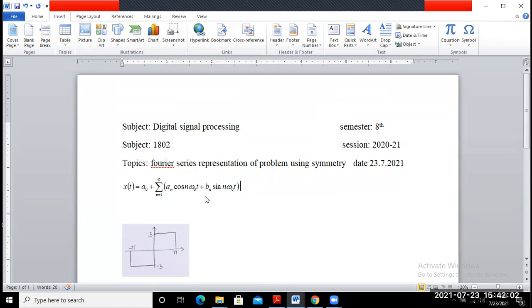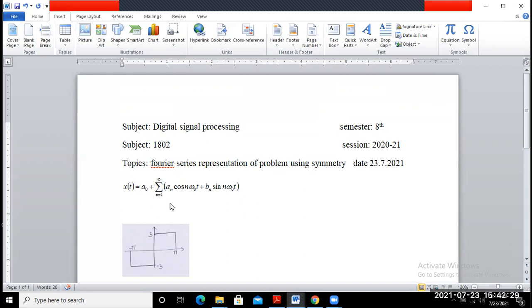If you do not solve a waveform by symmetry, then you have to find all the terms, that means a0, an and bn, their coefficients, and then put them in the general form with n = 1 to infinity. That is your Fourier series representation in trigonometric form.